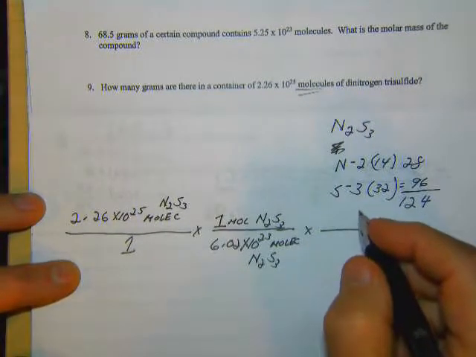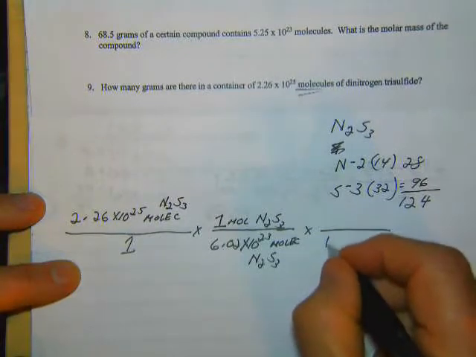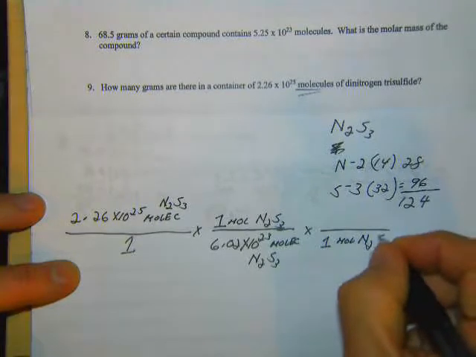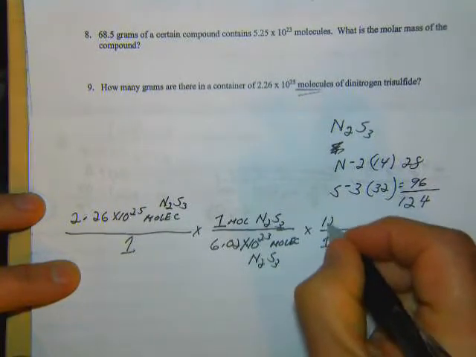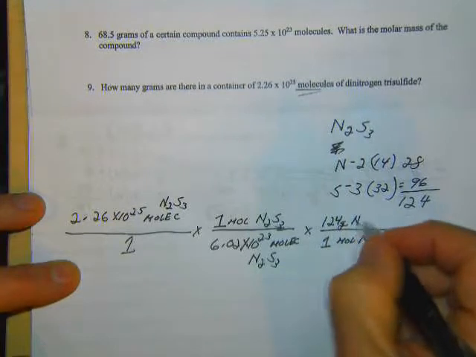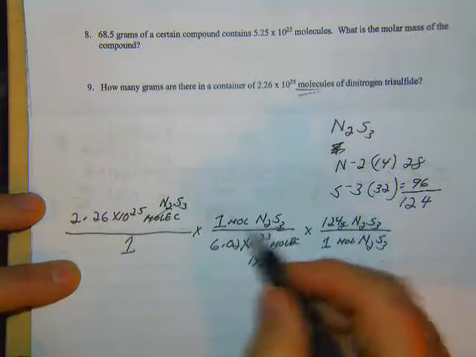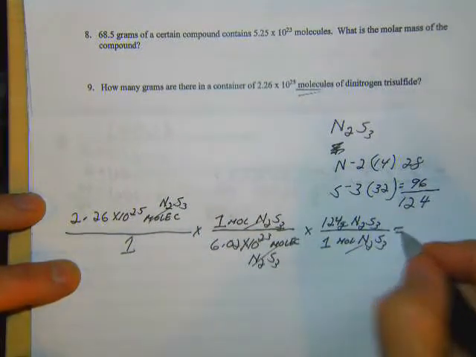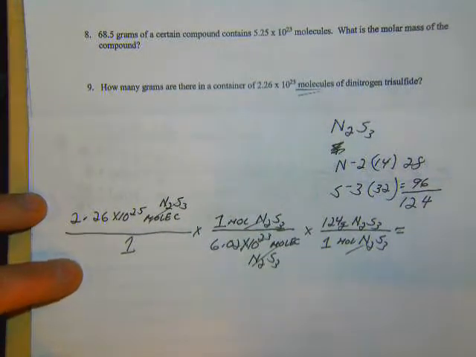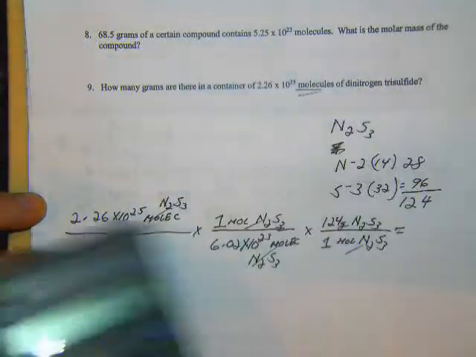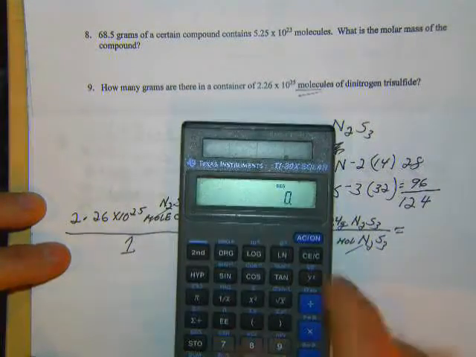In 1 mole of N2S3, there's 124 grams of N2S3. And again, canceling out is our savior here. And if this comes out right, this seems like a really big number. Yeah, let's do this one. See if I can plug this one in, see what we get. Again, multiply the numerators, divide by the denominators.